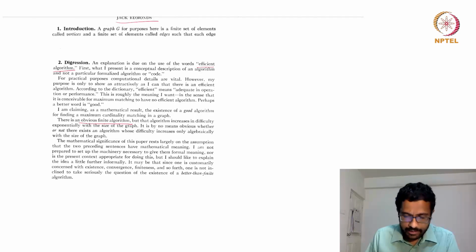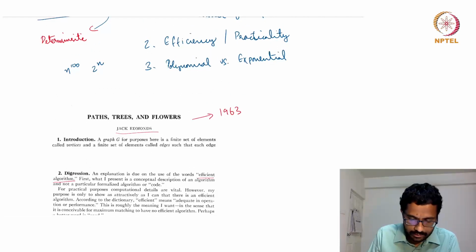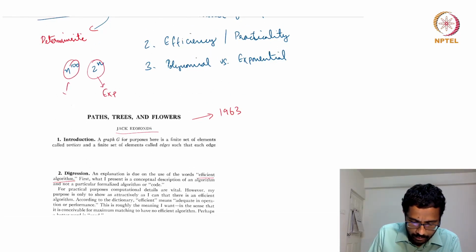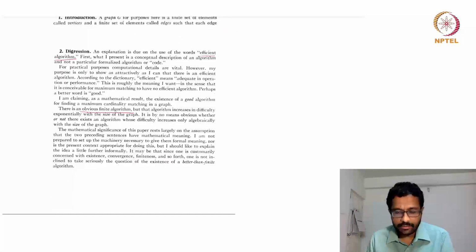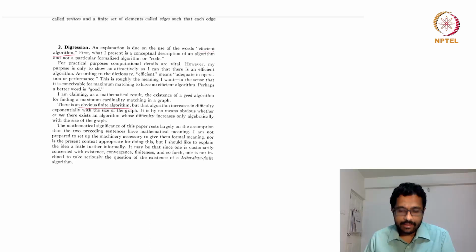So this is exponential and this is polynomial. The brute force algorithm, or what he calls the obvious finite algorithm, increases in difficulty exponentially with the size of the graph, and it's not clear whether there is an algorithm that does much better than that.